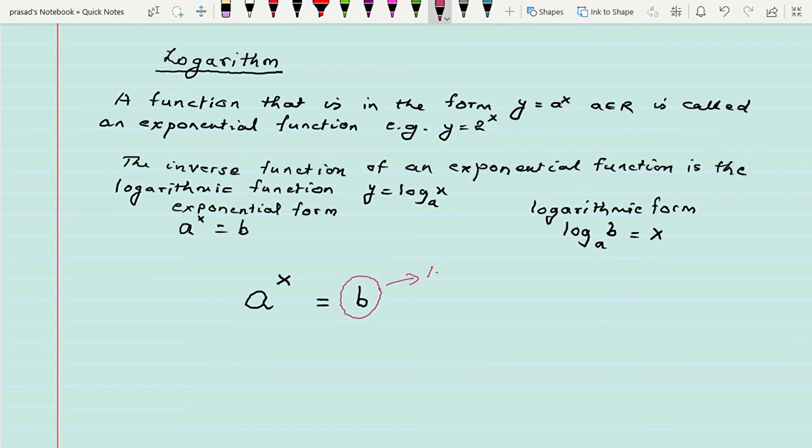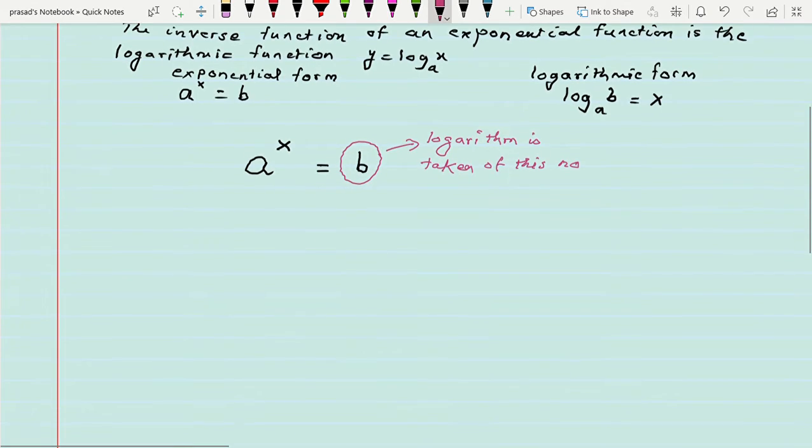So logarithm is taken of this number. That means whatever is the value in the exponential form, we are going to take the logarithm of that number.